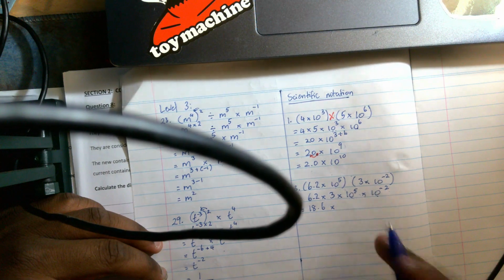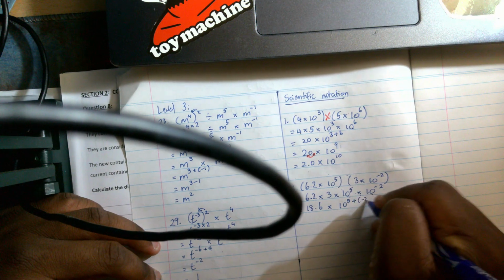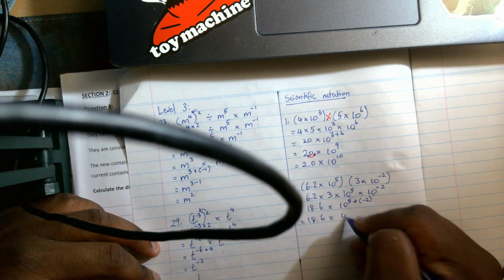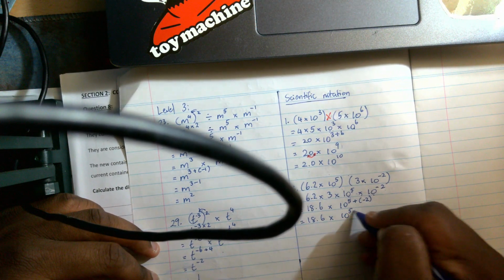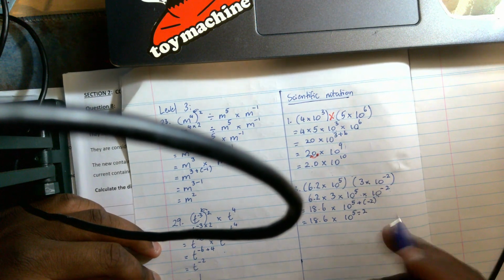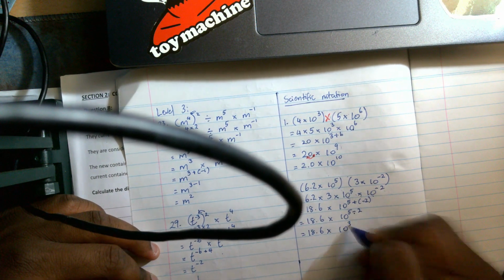We're going to add those powers together, so 10 to the 5th plus negative 2, which means we've got 18.6 times 10 to the 5th, take positive and a negative is negative, take 2, which is 18.6 times 10 to the 3rd power.